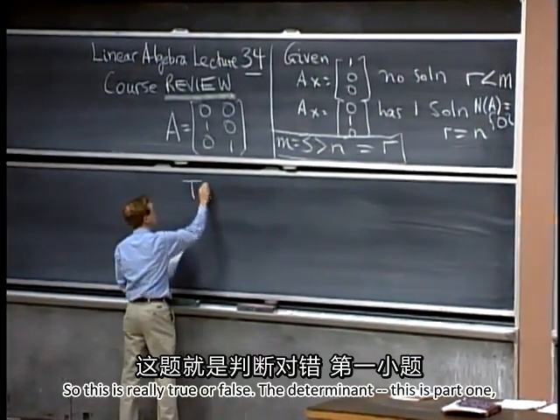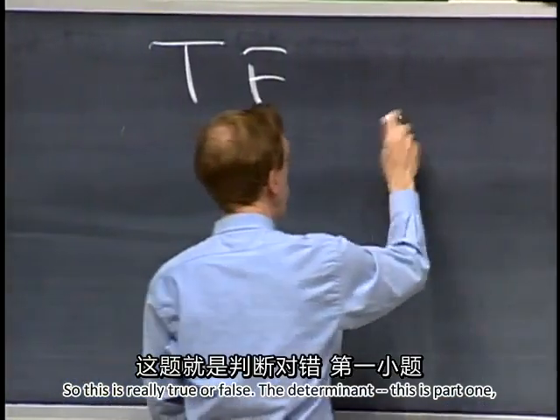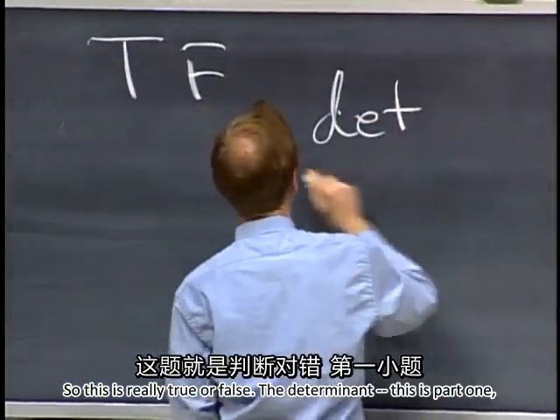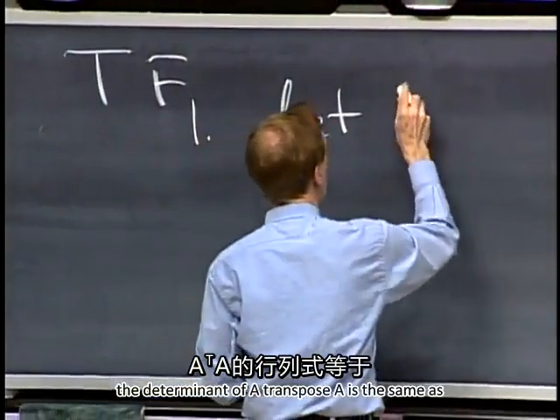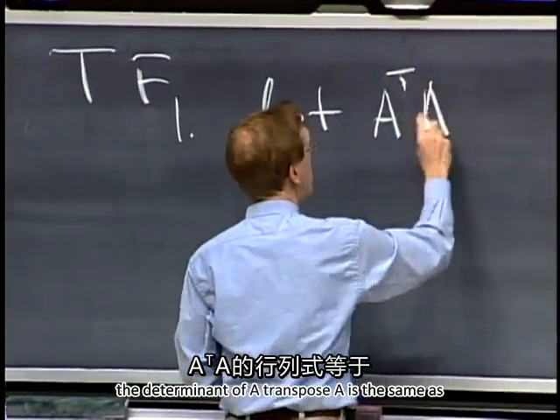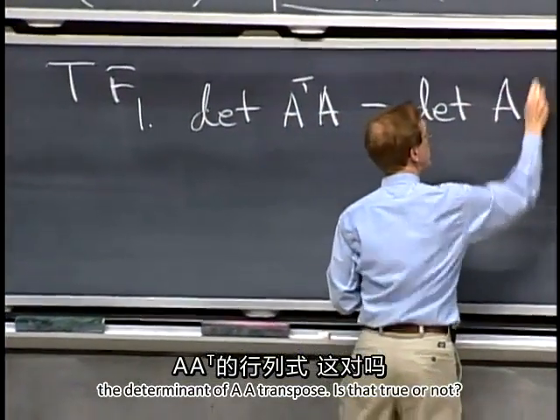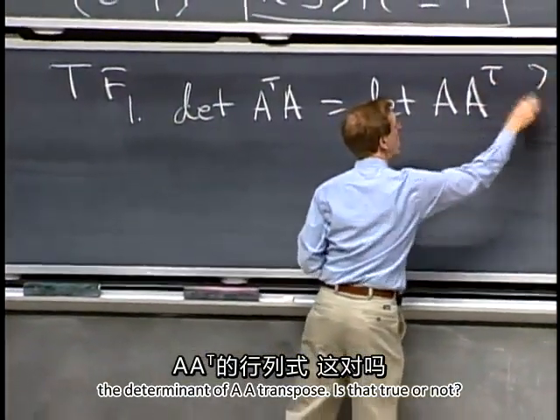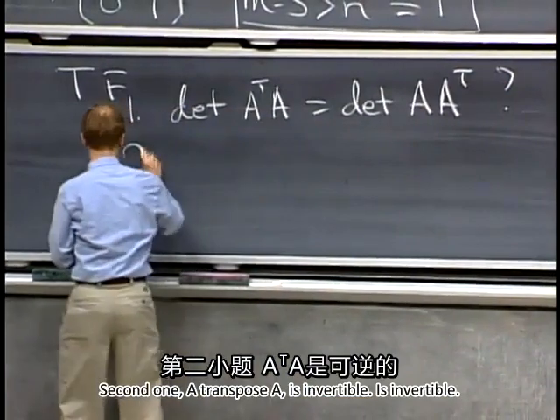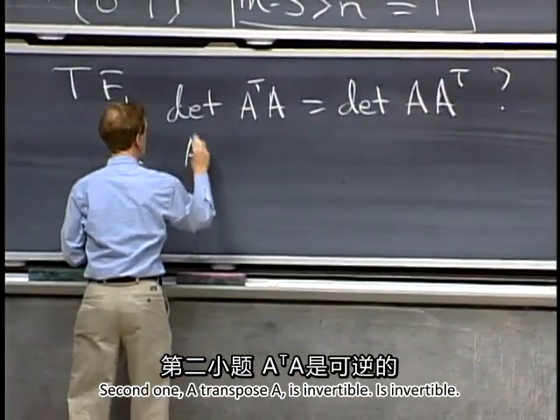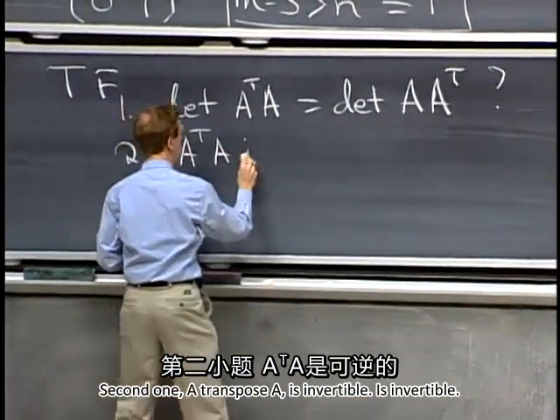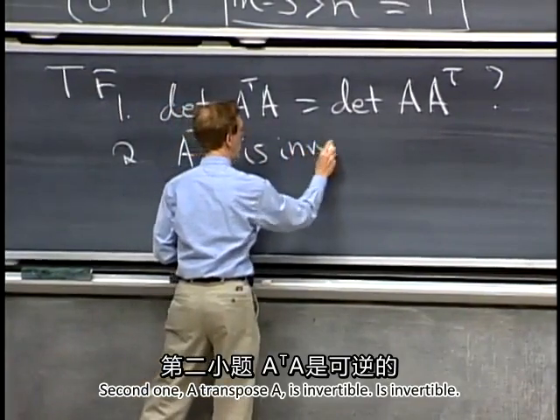So this is really true or false. The determinant, this is part 1: the determinant of A transpose A is the same as the determinant of AA transpose. Is that true or not? Second one, A transpose A is invertible.